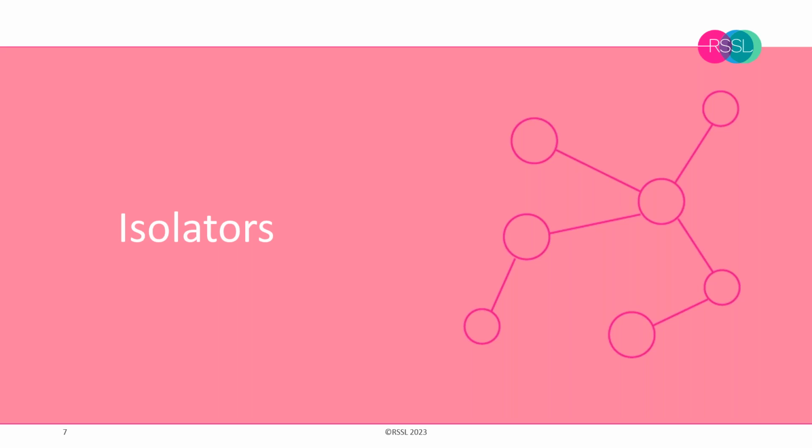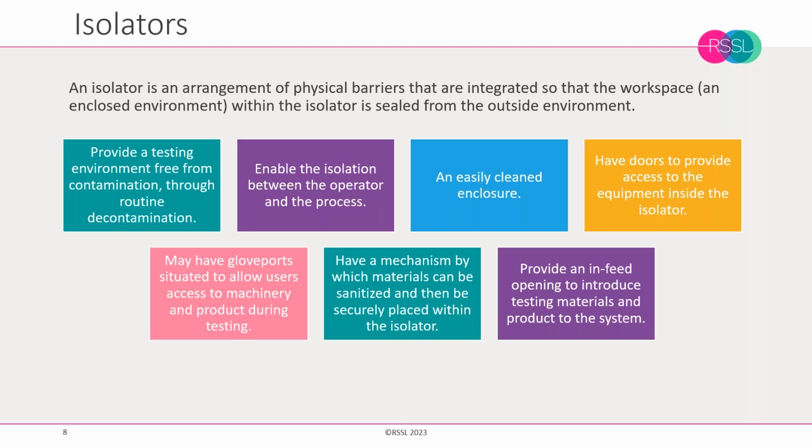Okay, so let's move on to the isolator concept. Just to bring everyone up to speed, if you're less familiar, an isolator is defined in ISO 14644 Part 7 as a separative device.